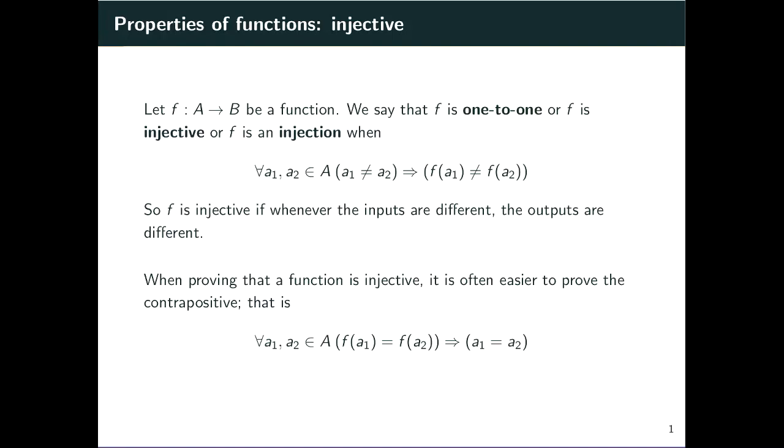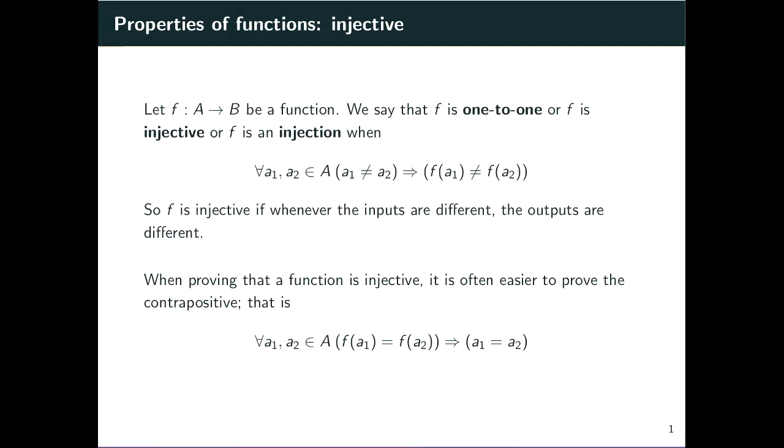Okay, so if we have a function from A to B, we say it's one-to-one, or injective, or an injection, when for every 2 elements in A, if they're not the same, this implies that they go to different places in the codomain.